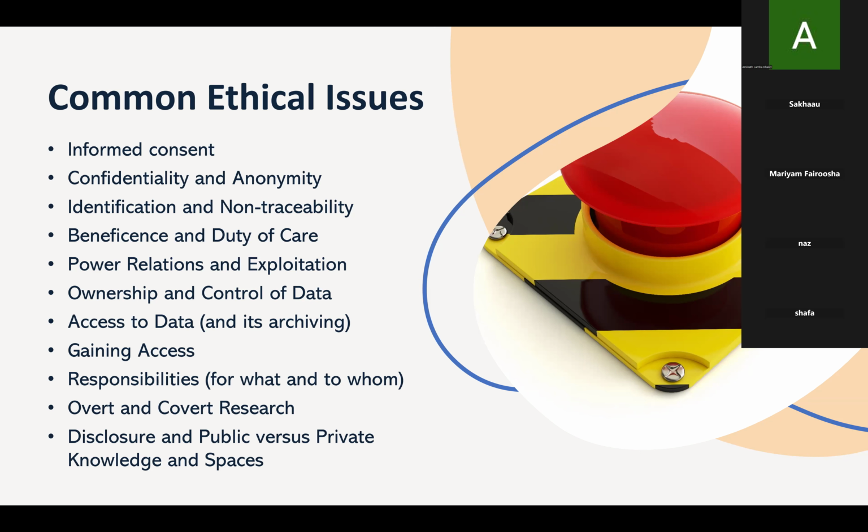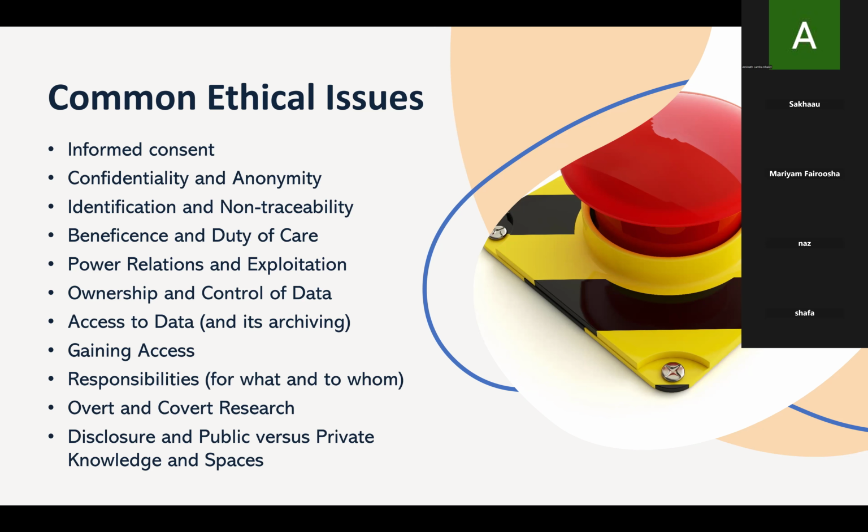So if you say, I'm not going to give the name, but this person is someone who has a degree, who works at the island council, and who is male or female, by then everyone may know if it's a small community. So you will have to ensure that the person cannot be identified by reading your report. That is the part about identification and non-traceability.